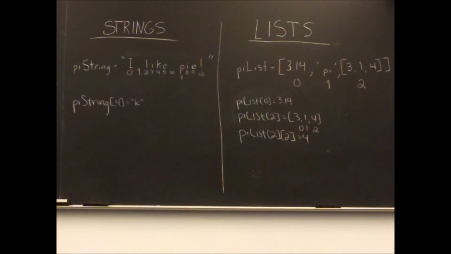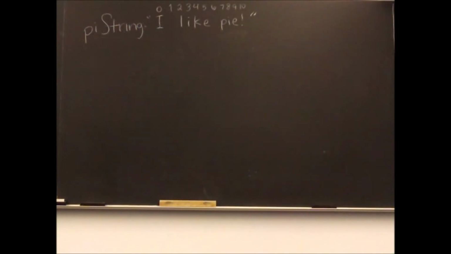Now let's say you want to access more than one item in your string or list. We can use a technique called slicing to grab a slice of a list or a string. From here on out, we'll be using PyString as our example. But remember that every technique we talk about can also be used with lists. Now, what if you have a list or string and you need to get the last item of it, but you don't know how long it is?